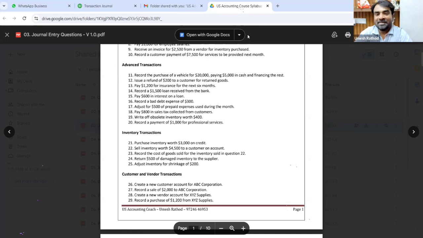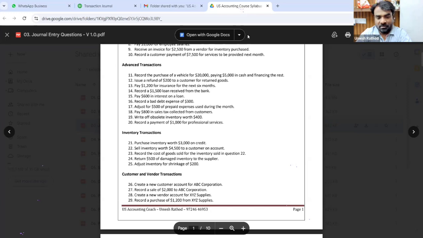You have purchased goods of 3,000 and sold at 4,500, so 1,500 is your profit. Your COGS is 3,000. I think you got a bit confused. You were considering 1,500 as COGS. It is not COGS. That's your gross profit. Your actual COGS is 3,000.